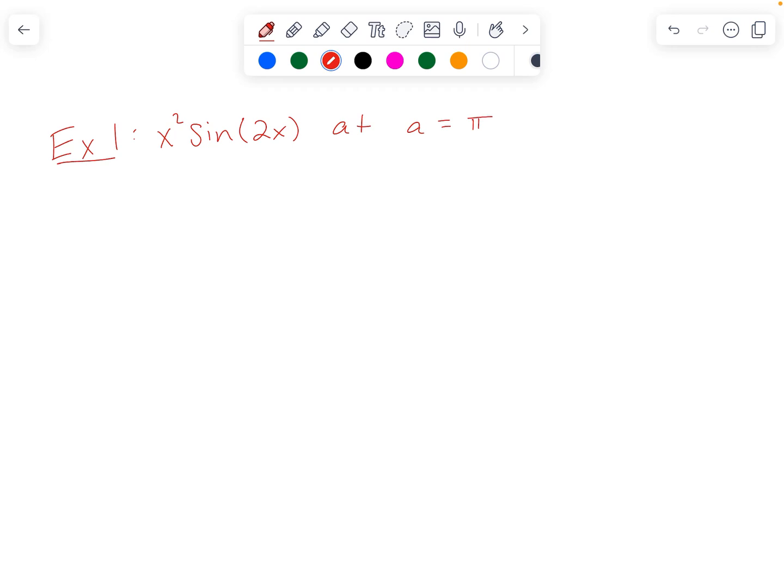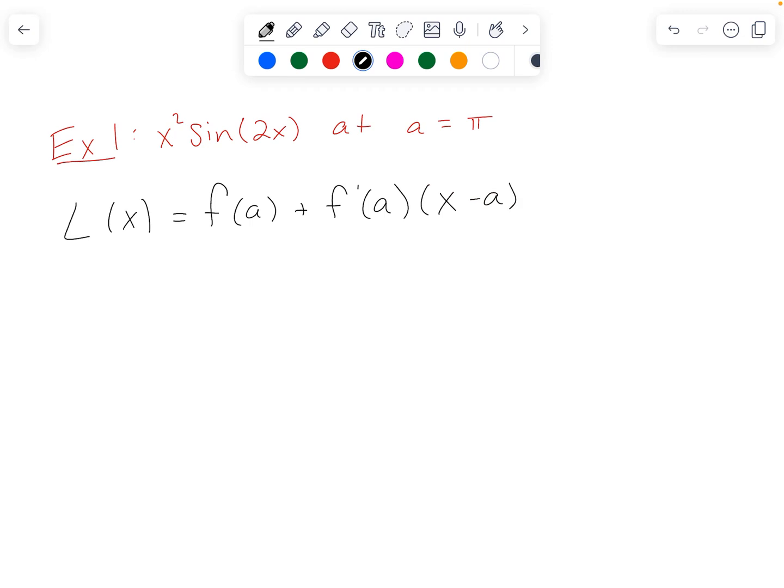Why not? So I've got to do a couple things. First of all, I've got to find out what is our linearization function. It's f of a plus f prime of a times x minus a. There's our linearization function.